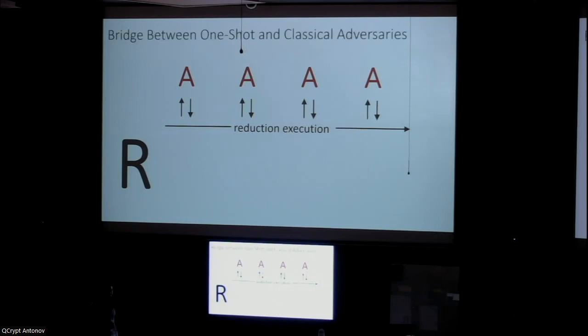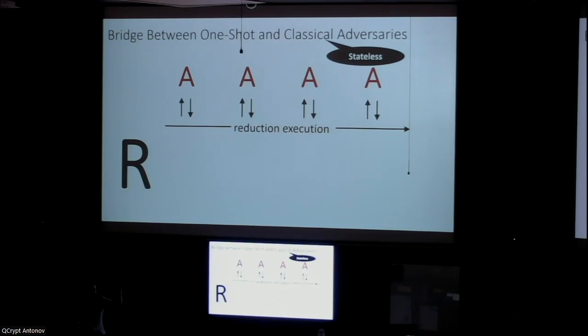So what we really need to do is bridge between this one-shot quantum adversary and our classical adversaries that you can just copy. Really, the difference between our quantum adversary and the classical adversary is not quantum versus classical. Forget about that.